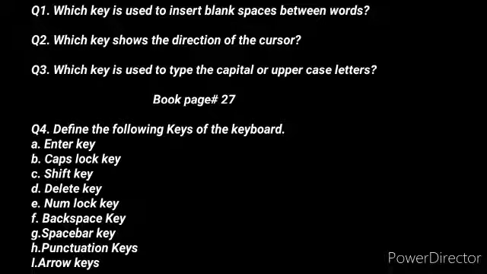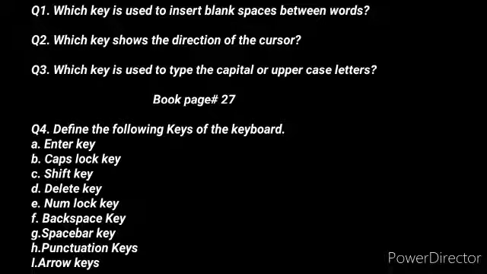Question number 2: which key shows the direction of the cursor? Question number 3: which key is used to type capital or uppercase letters? You have to write the answers to these questions on page number 27 of the book.